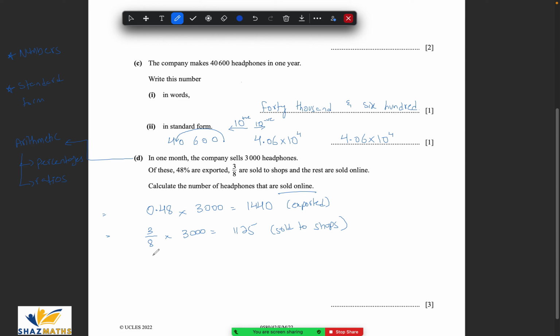So how many will be sold online? So I'm gonna say sold online are 3,000 minus 1440 minus 1125, and the final answer would be 435.